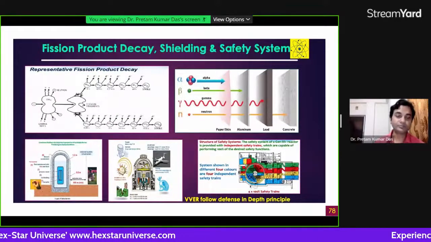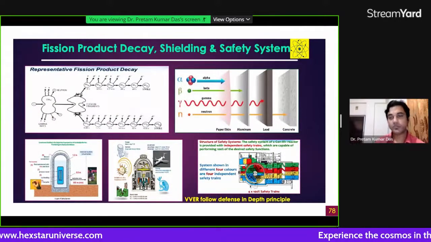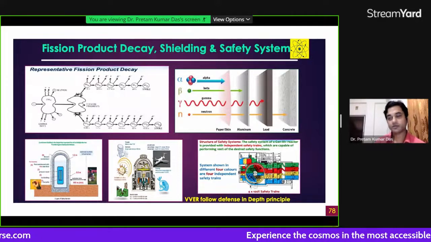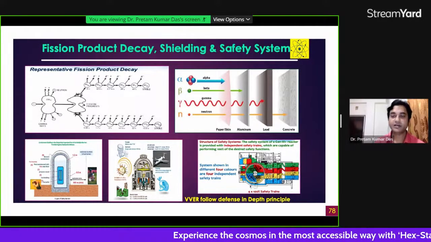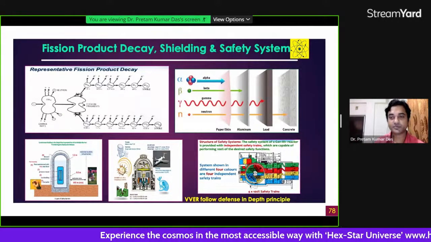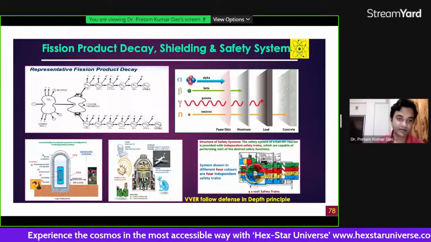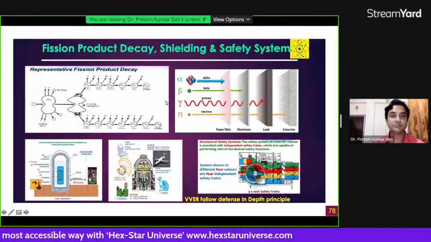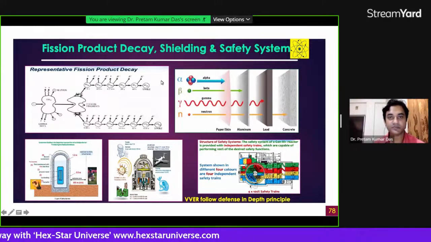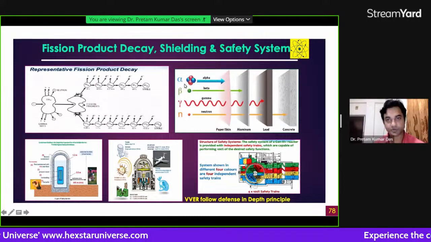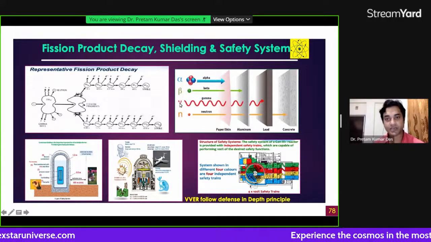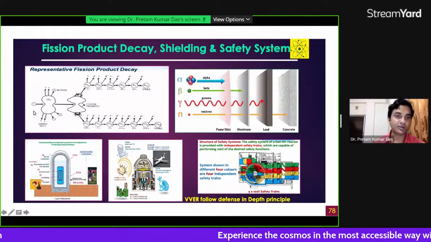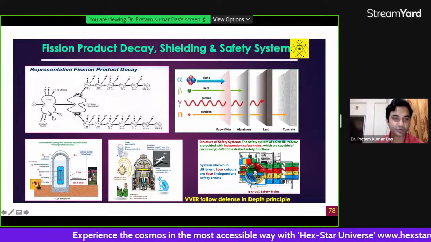So to make a good shielding, a radiation-free environment near the nuclear power plant, we have to care about alpha, beta, gamma, and neutron, because this is the main reaction of a nuclear power plant.